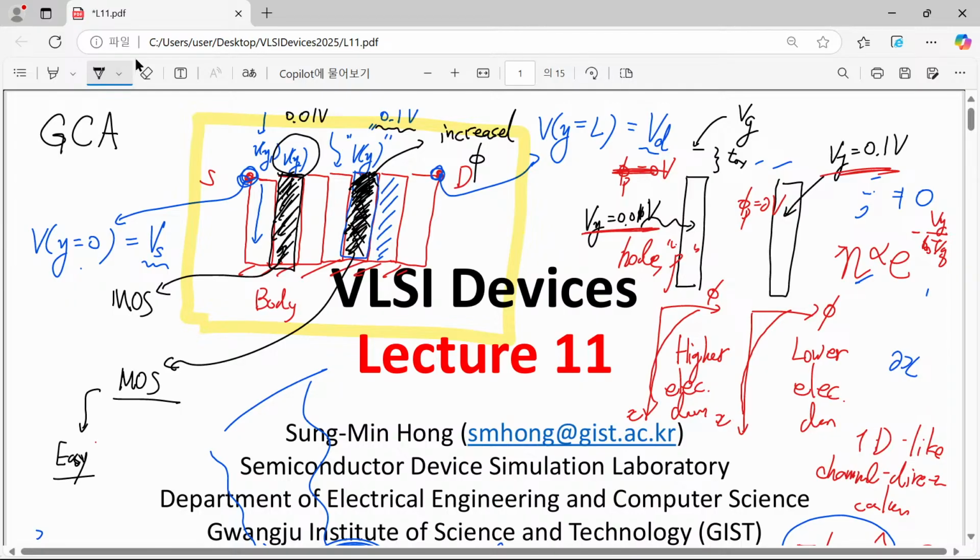So what was it? You have found that the surface potential actually determines the charges inside the silicon substrate.